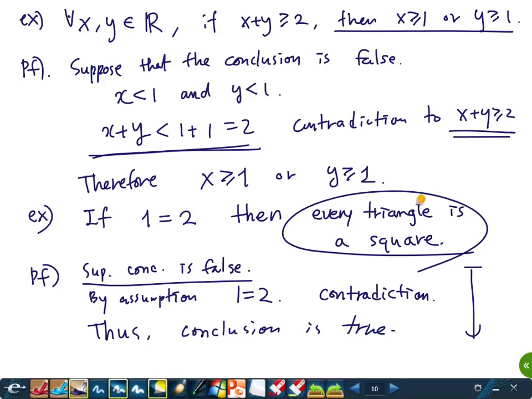This is because in every conditional proposition, if the assumption is false, it is always true, right? And that can be proved in this way, if you want. This is not a very usual proof of something, but I just want to show you that we can prove formally anything like this. Does this make sense to you?